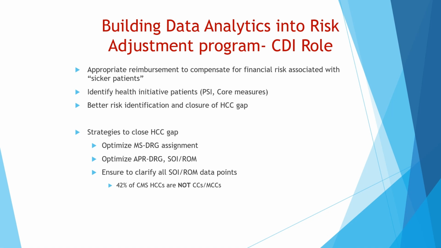1. Appropriate reimbursement to compensate for financial risk associated with sicker patients. 2. Identify health initiative patients, PSI, core measures. 3. Better risk identification and closure of HCC gap. 4. Strategies to close HCC gap.